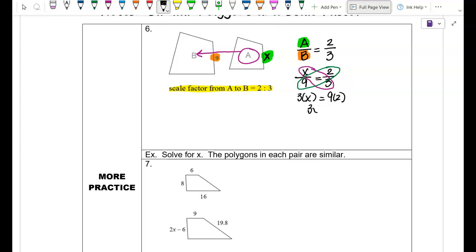So I get 3x equals 18. And if I divide by 3, what does x equal? So based on that scale factor, that missing side length would have to be equal to 6.